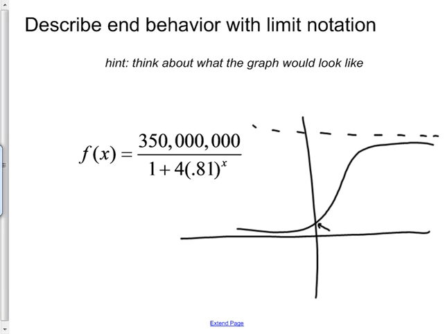All right. Hopefully you knew that 350 million is the top. Maybe this is like how many zebras Africa can support. That's like the max number of zebras, otherwise they'll run out of food. Okay, how about that? It's a start.